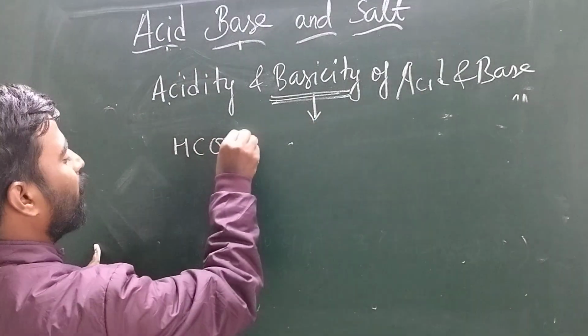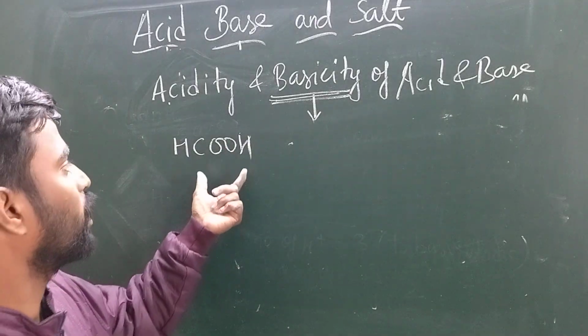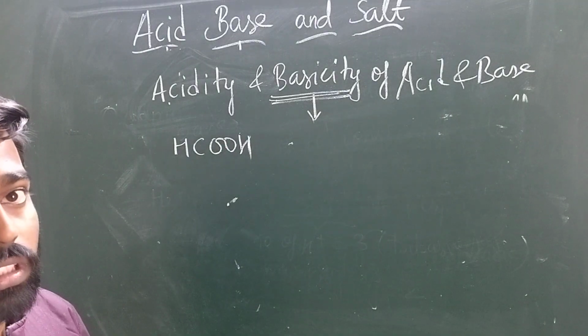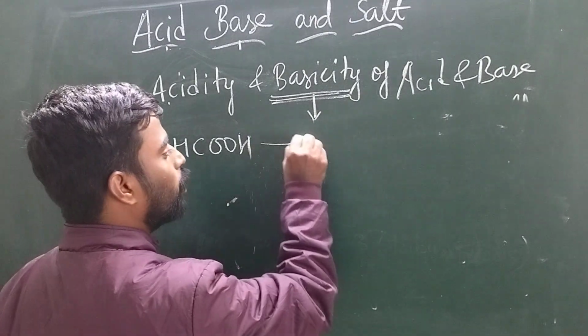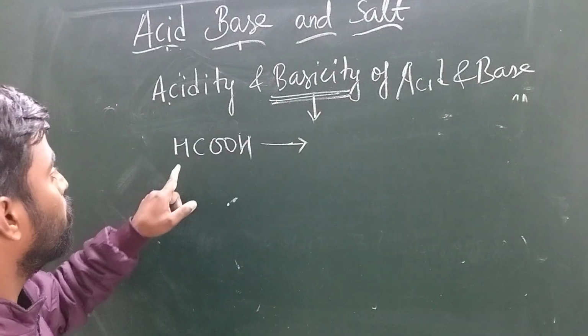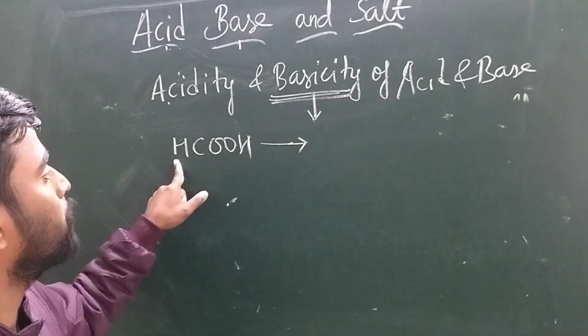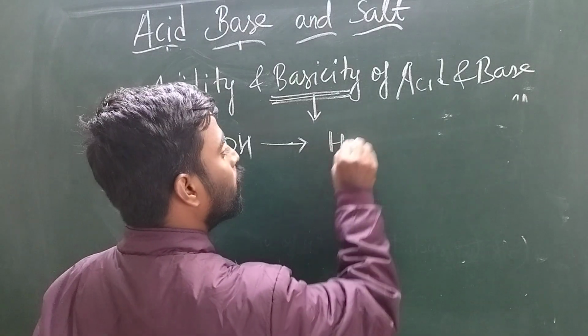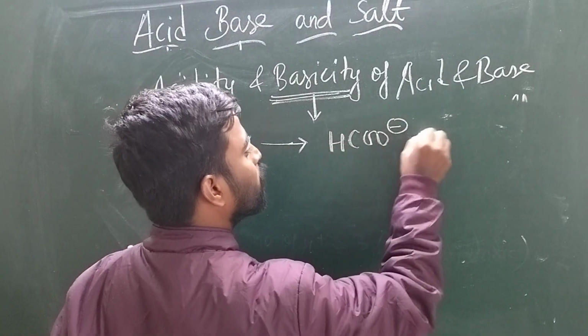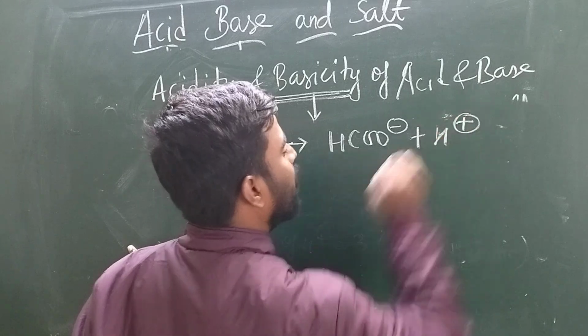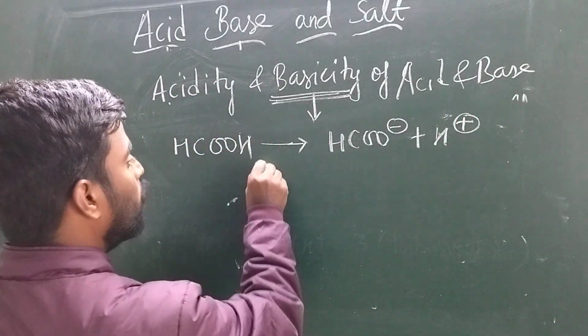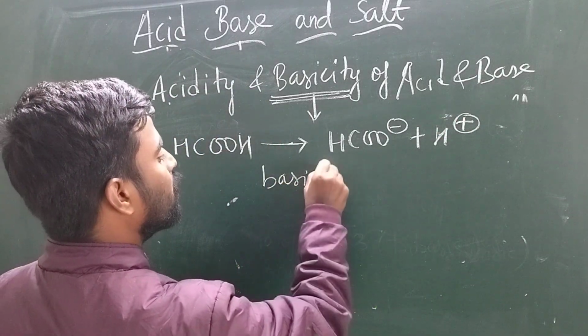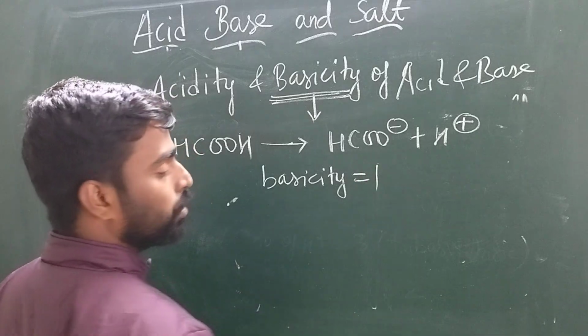Formic acid, the smallest organic acid. When formic acid is dissolved in water, how much hydrogen ion is present? There are 2 hydrogens, but in aqueous solution it gives only 1 hydrogen. So its basicity is 1.